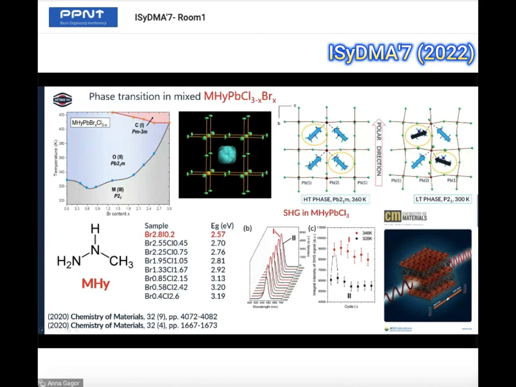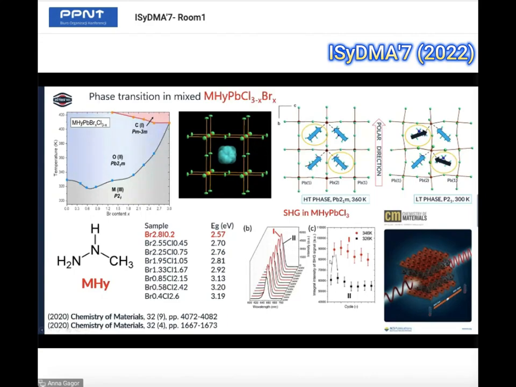So here we have an increase of the polarity at high temperature, and you can see here how the second harmonic generation increases in the orthorhombic phase, and it's lower in the low temperature phase.